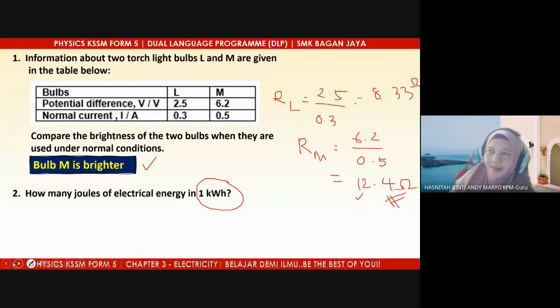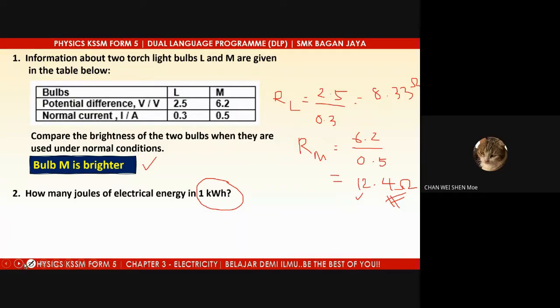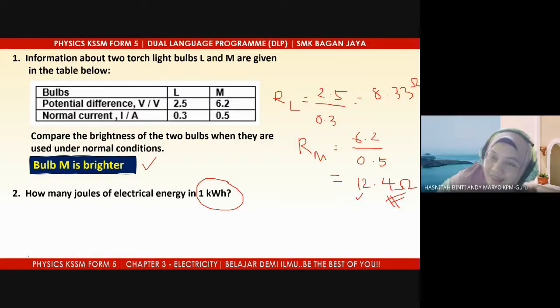Come again. 1000 joules of electrical energy is used in 1 second. Is it? Okay, how about the rest? It's a good try.